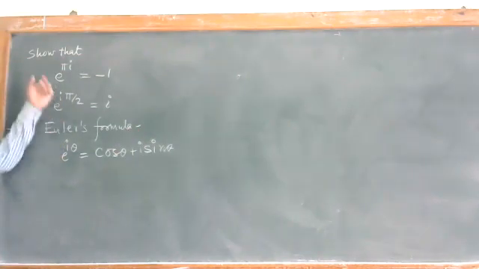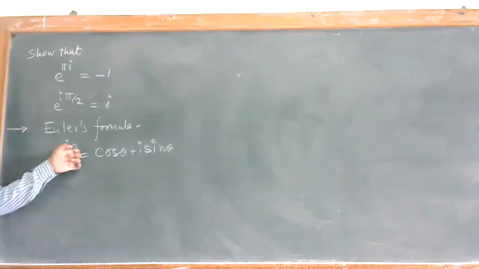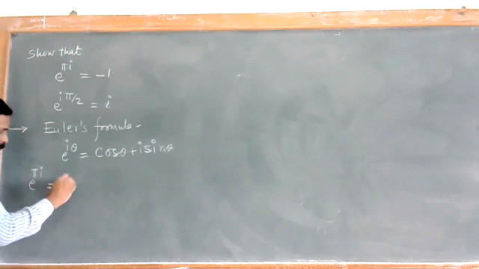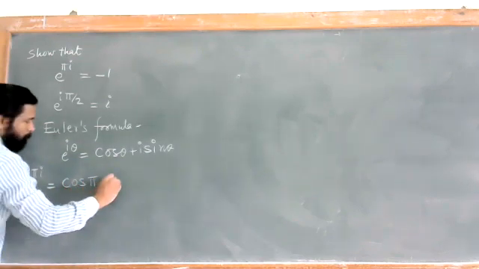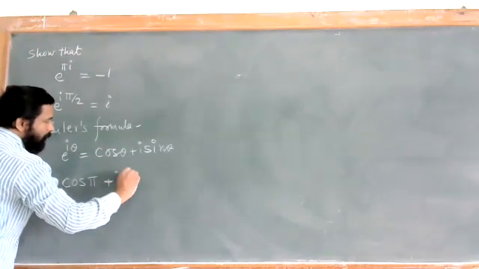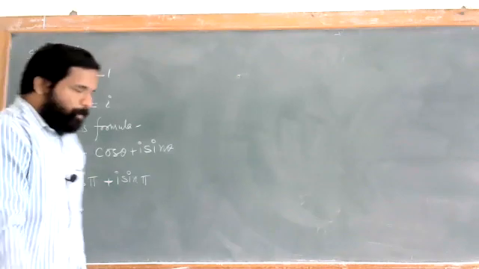Okay, just check out the first number, that is e raised to pi times I. What does this mean? It means that the value of theta is equal to pi. So this is nothing but cos of pi plus I sin of pi. किती असते cos pi ची value?